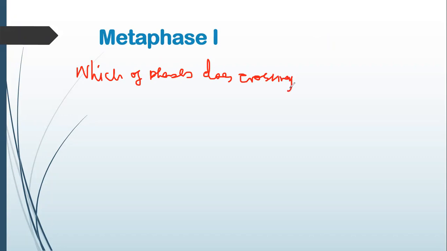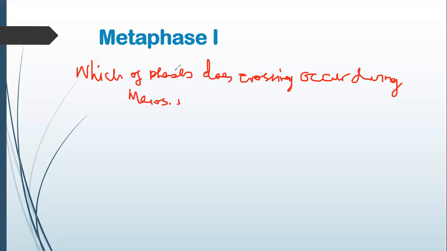Okay, now before metaphase one, I want you to answer this question. The question says, which one of the following phases does crossing over occur during meiosis? It seems some cool question.